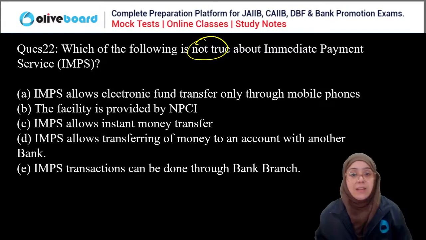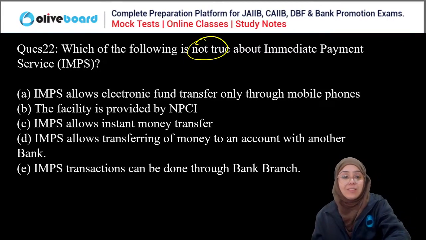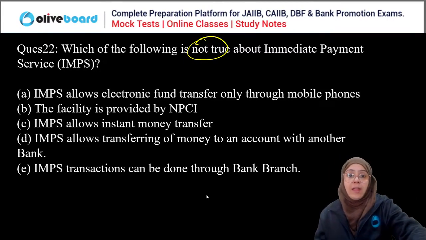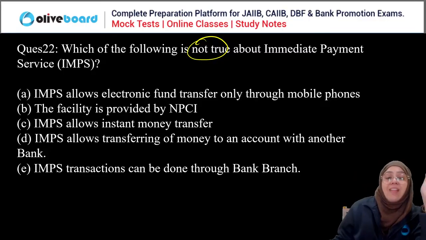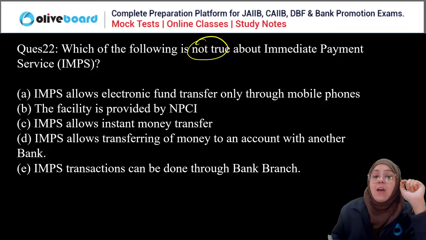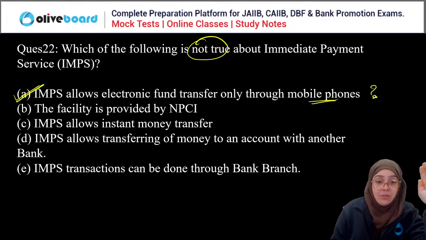Okay, so which of the following is not true regarding IMPS, immediate payment services? Very easy. IMPS allows electronic fund transfer only through mobile phone. No, this can be done anywhere, right?